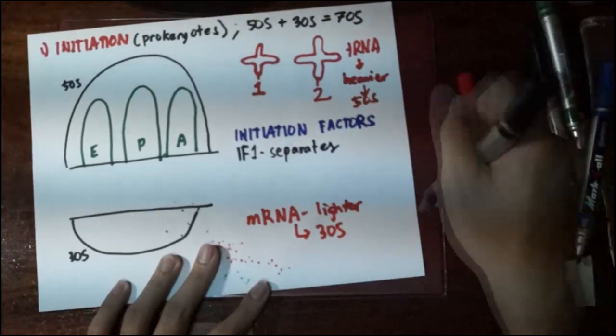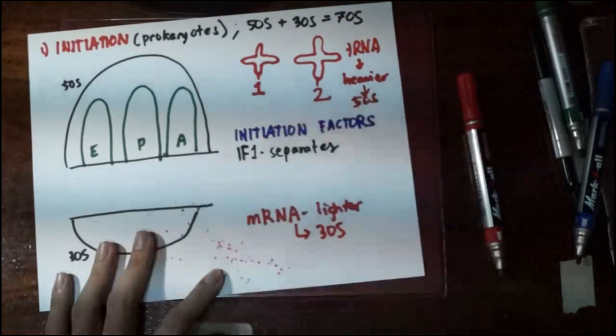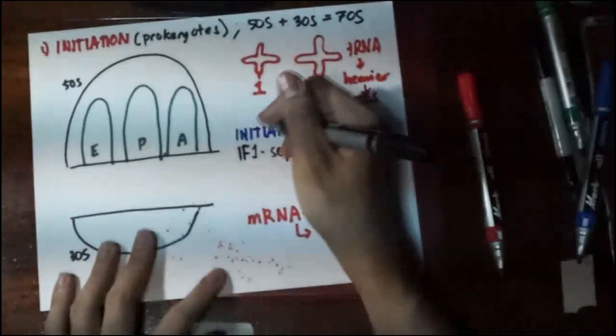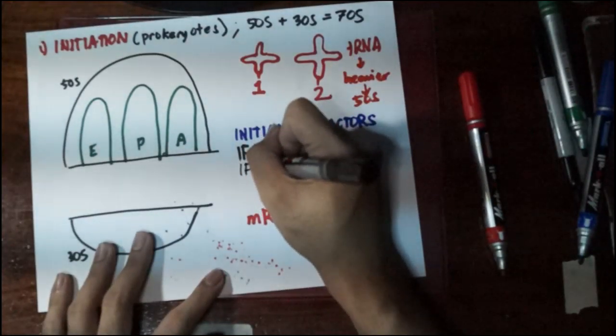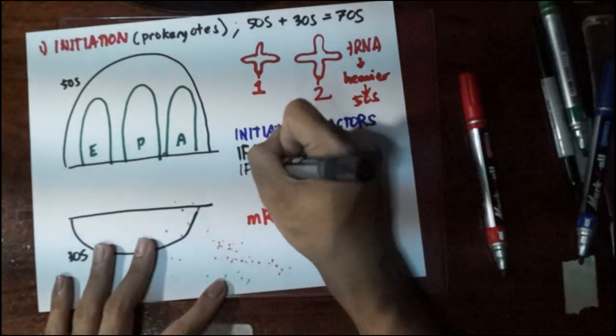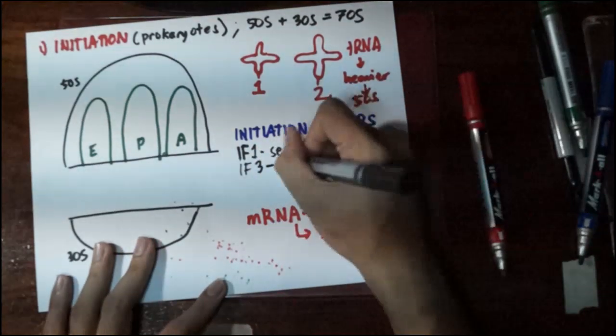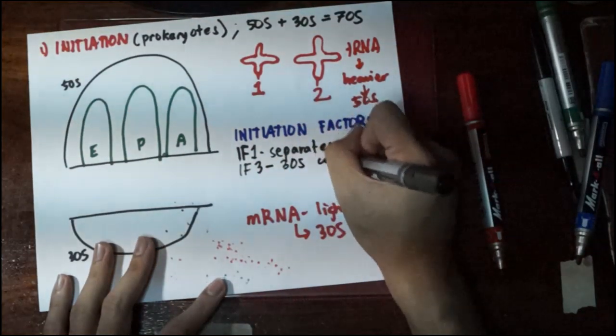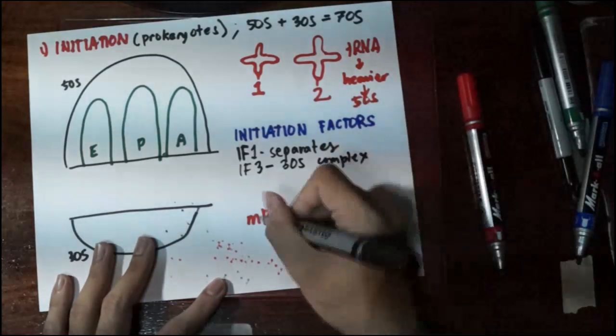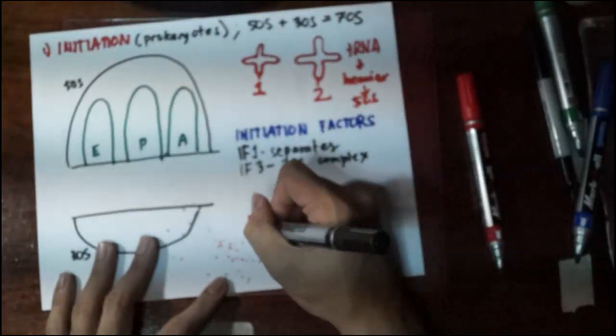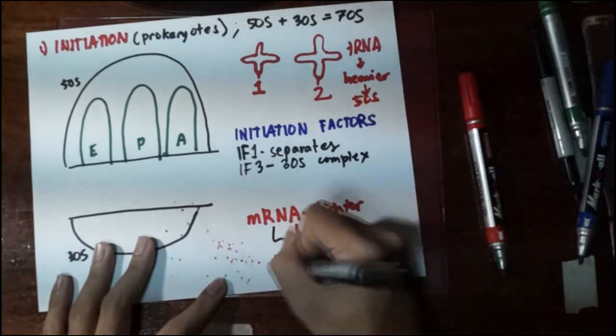Alright, so for that to happen, initiation factor 3 would actually form the 30S complex, and that means the 30S subunit plus the mRNA. So IF3 is responsible for this one.